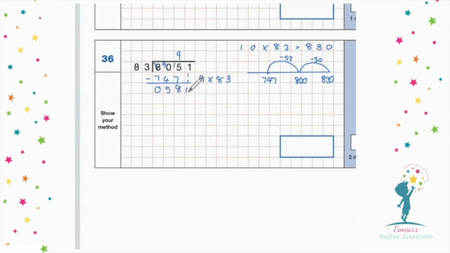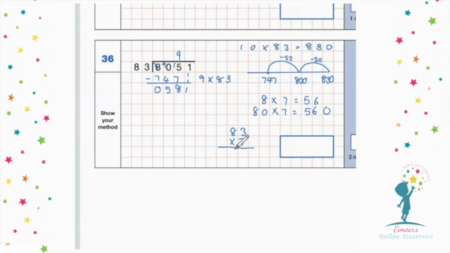We can use our times tables to help us again. So we know that 8 times 7 equals 56. So 80 times 7 equals 560. That's quite close to our number. So if we did 83 times 7, we might have the answer.